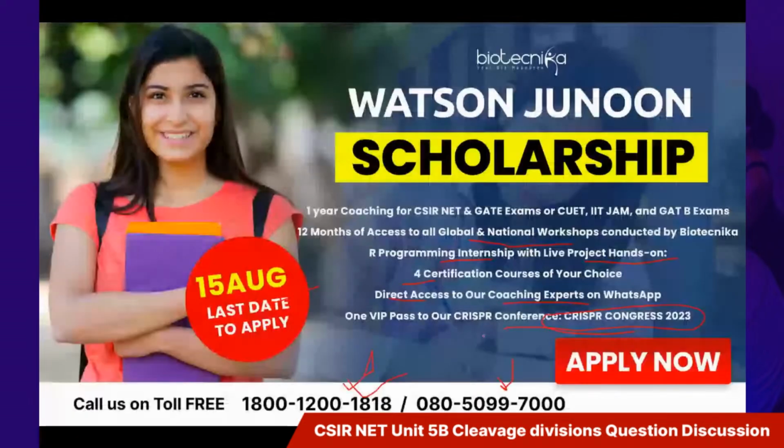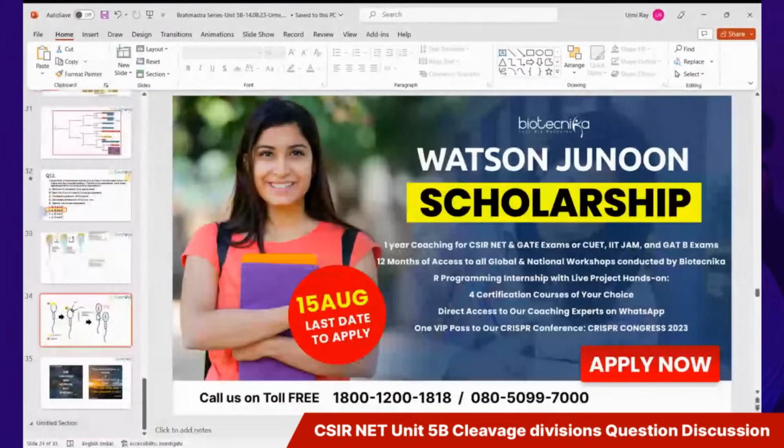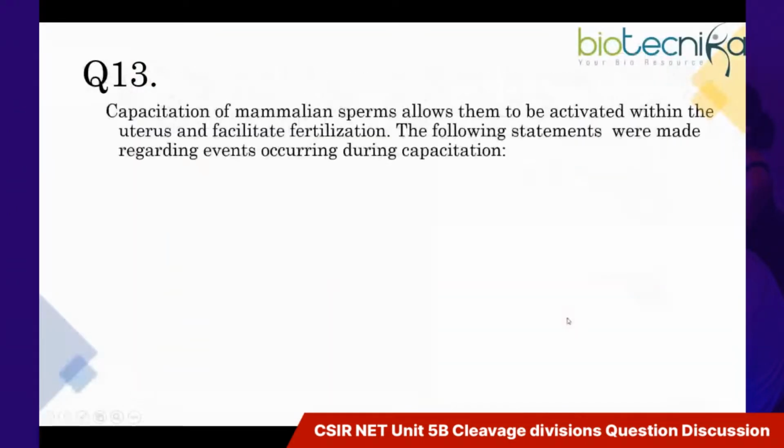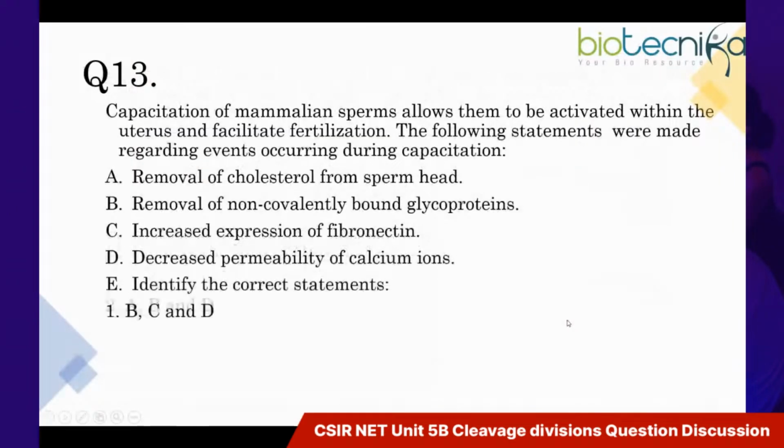So I would like to show you one more question. It is not from CSIR, but you can still try answering it. I think this was a very old question. It may be from CSIR also. But these questions keep on coming.